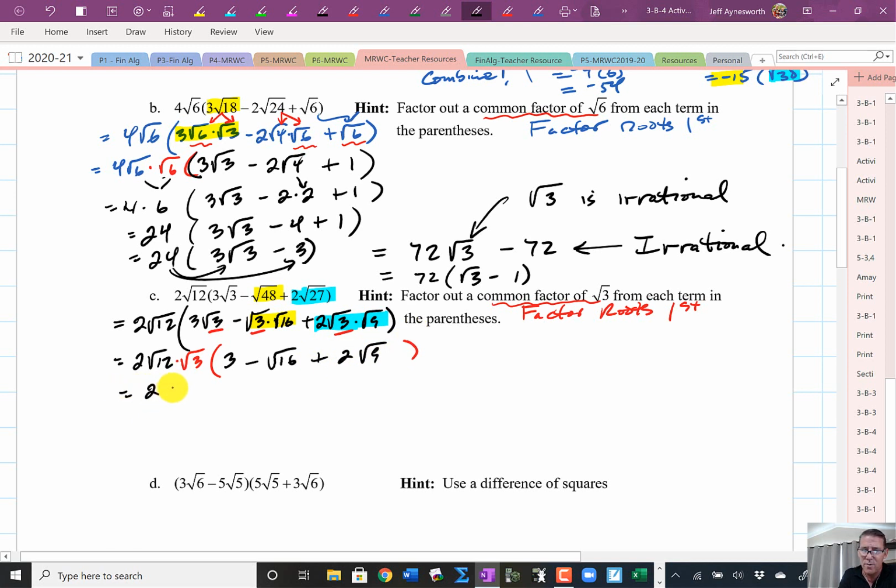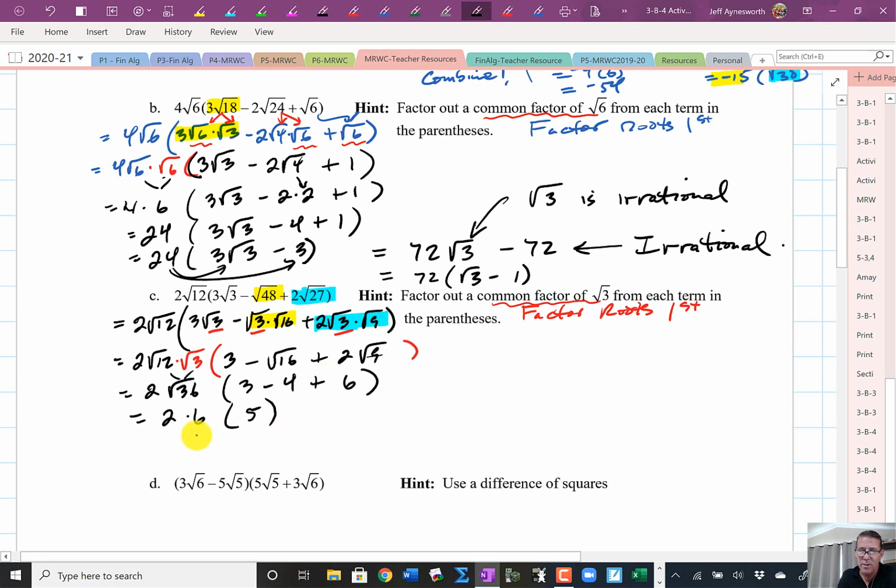Now you simplify. So 2 root 36, 3 times 12 is 36, times the quantity 3 minus 4, because root 16 is 4, plus 2 times root 9, which is 3, and 2 times 3 is 6. So simplifying further, you get 2 times 6, since root 36 is just 6. And from left to right, 3 minus 4 is negative 1, plus 6, 5.